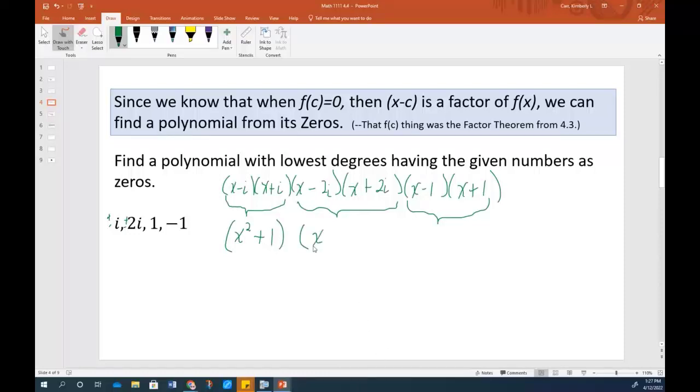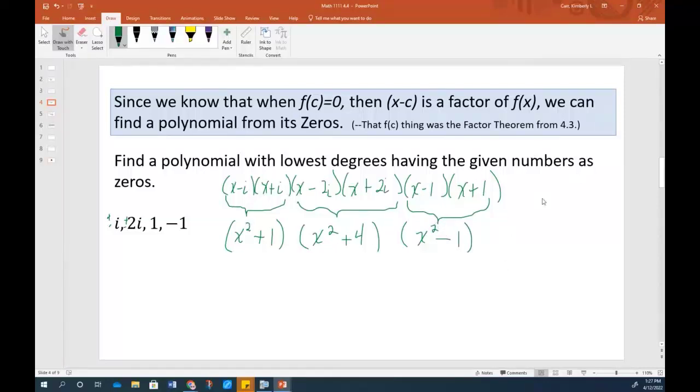This next one then will be x squared minus 4i squared, but the i squared will just change that sign. Now these are real numbers, so we've got x minus, and then 1 squared is 1. But I've left off my squared, x squared minus 1.